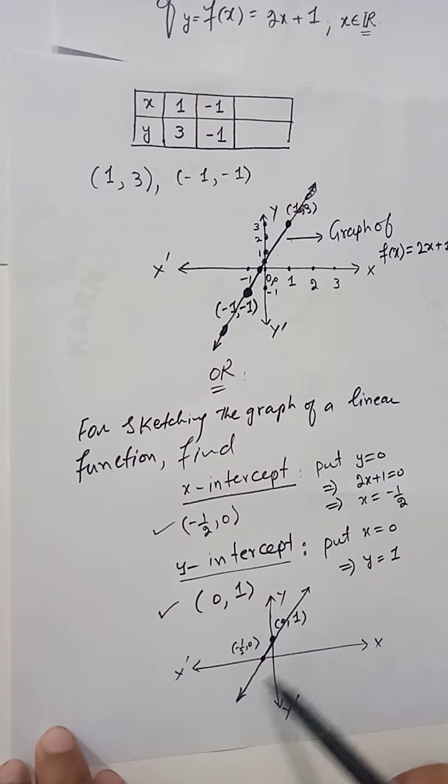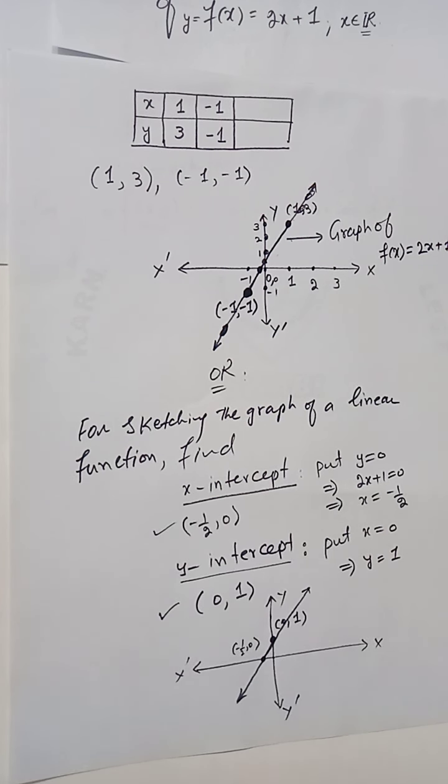So the better way to sketch the graph of a linear function is to find the x-intercept and the y-intercept. So you will get 2 points, which is the minimum requirement for sketching a line, and those points lie on the x-axis and y-axis.